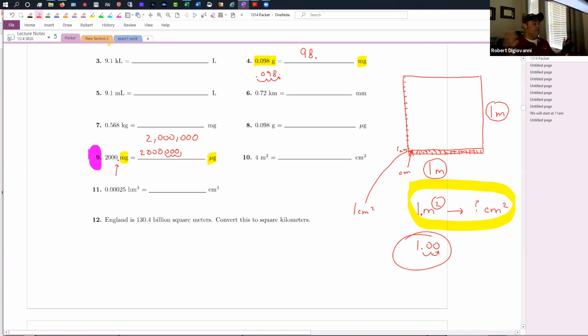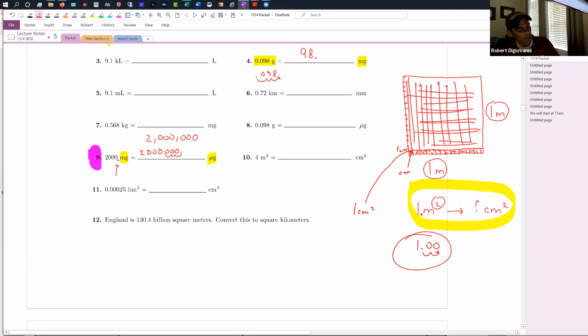That's completely wrong. That only accounts for that bottom piece. Don't we have all of these in here? There are so many of them in there. How many are there? 100 across the bottom and 100 across the top, right? So moving the decimal point 2 places to the right didn't work.